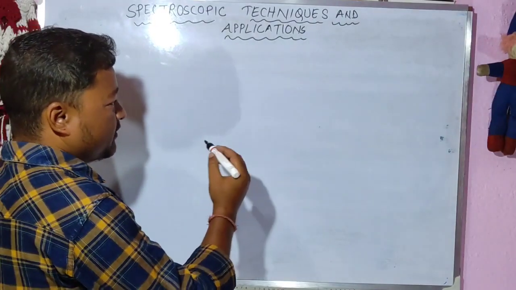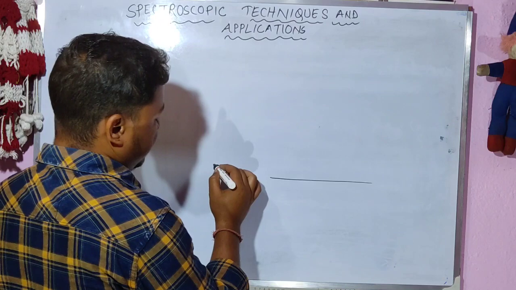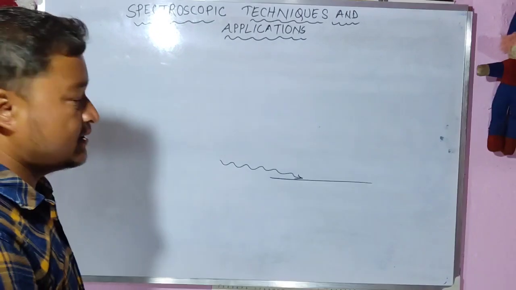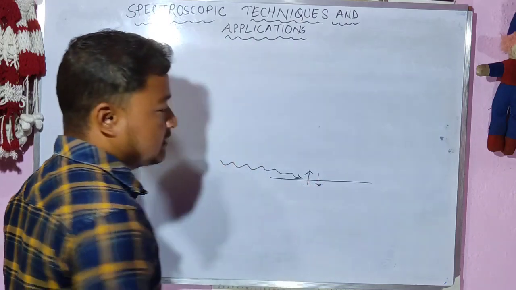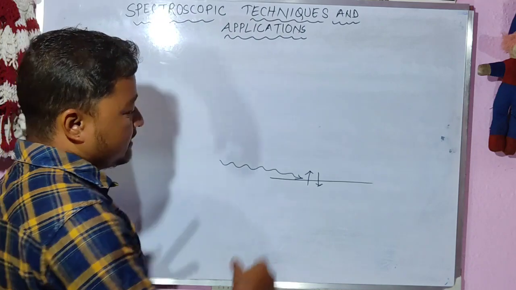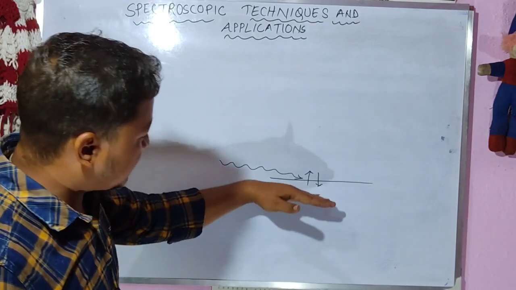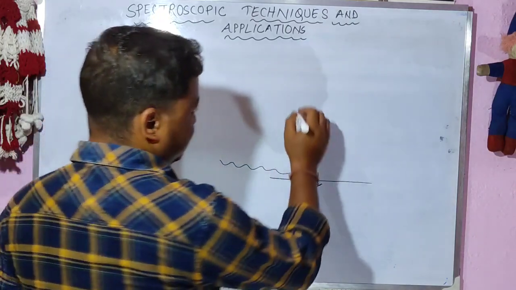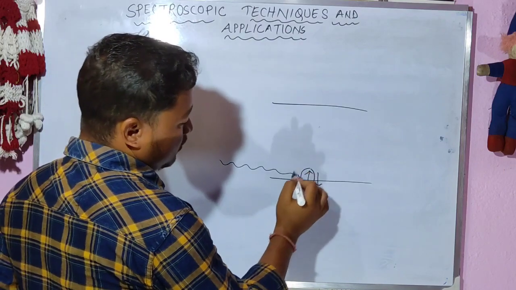In spectroscopy, the matter accepts energy from electromagnetic radiation, and therefore the electrons in the ground state jump from a lower energy level to a higher energy level.